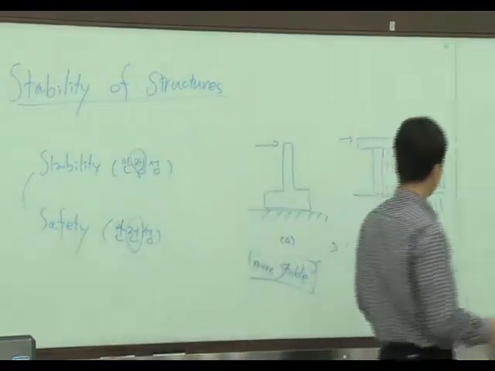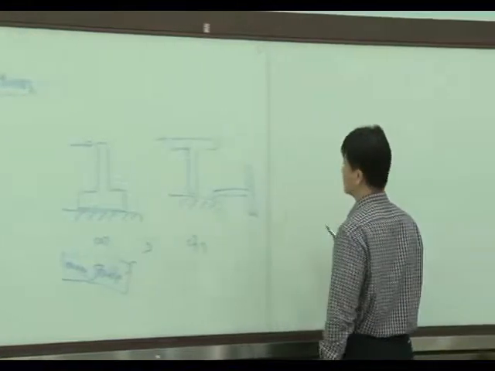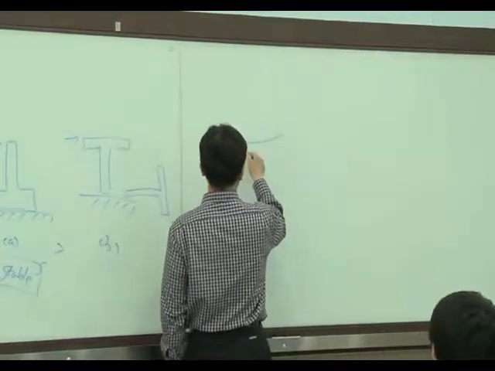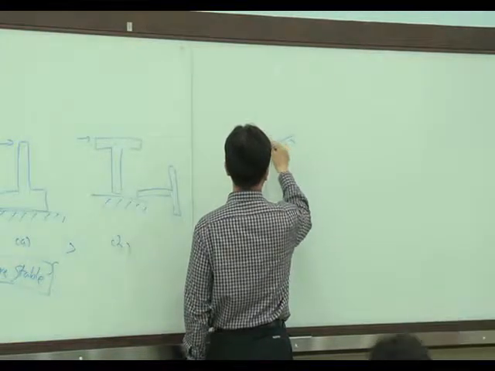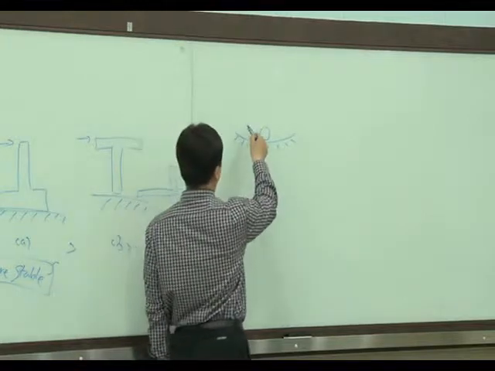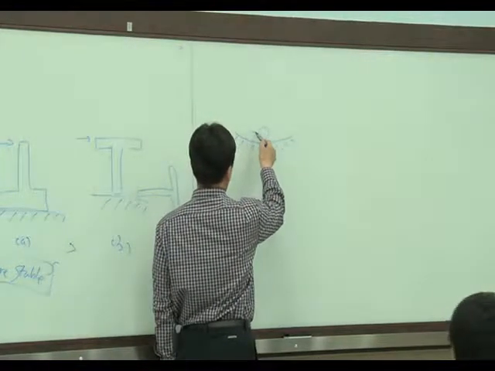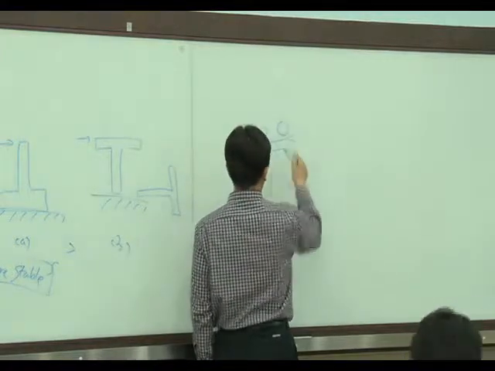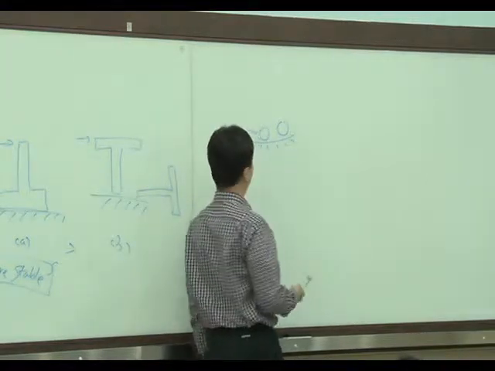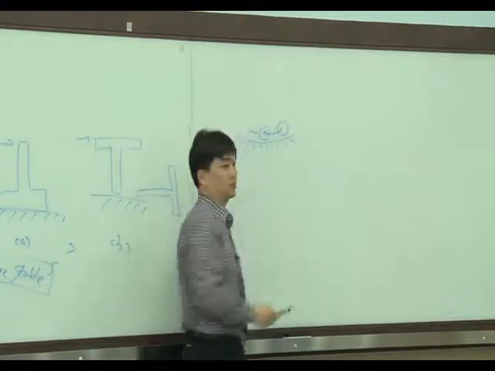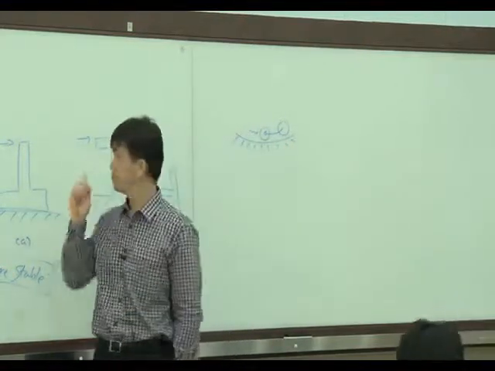So, in many textbooks, stability is explained with a ball. Here I have a ball, and if I push this ball, it will move, right? And then if I remove the load, it will go back to the original position, right?